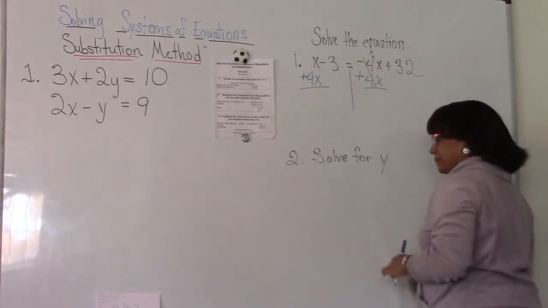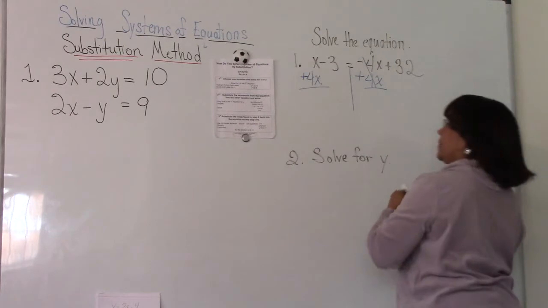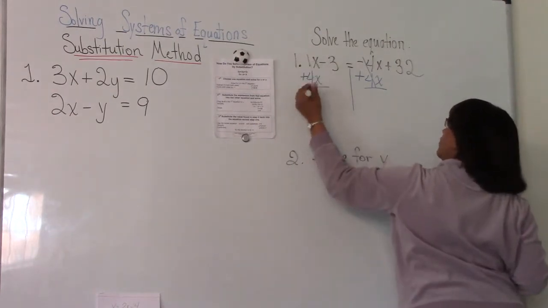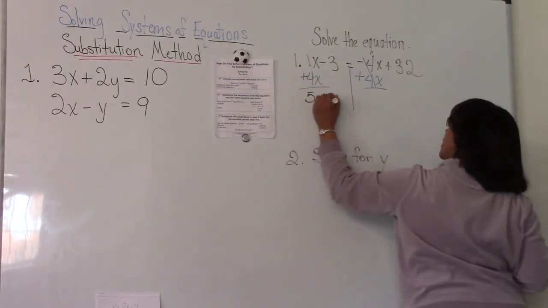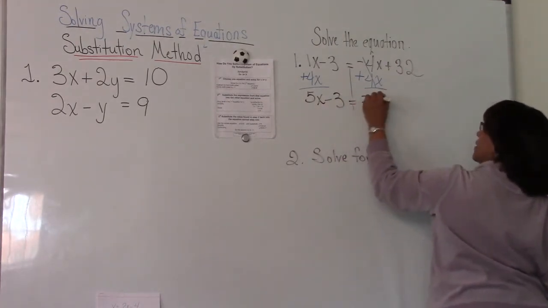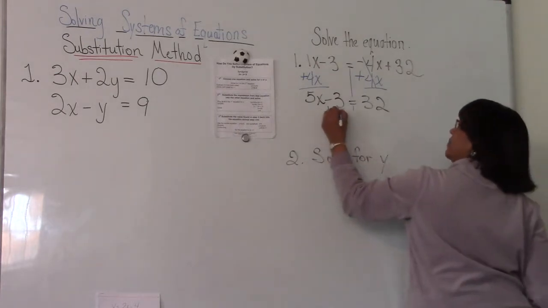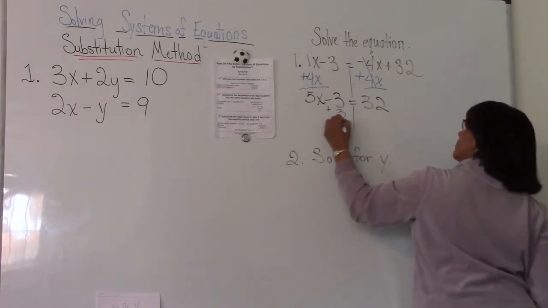That goes away. And now we're going to bring down what we have. Combine your like terms. 1 plus 4 is 5x. Bring down your minus 3 equals 32. Now we want to move our numbers together, so we're going to add 3 to both sides of our equation.